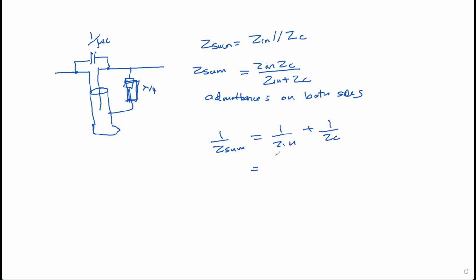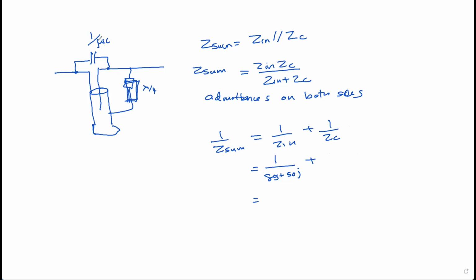Z in is given in the question as 85 plus 50j, so you need to substitute that value here. You can find the value of 1 over 85 plus 50j using maybe MATLAB, so you don't need to calculate those things manually.